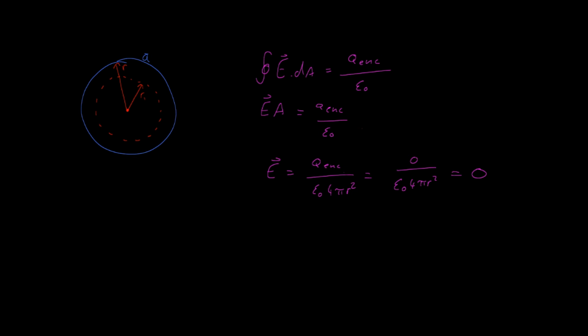Okay, now if we take another Gaussian surface, this time outside our charge, and define this as radius 2, if we just put a few little subscripts in here just to show that.